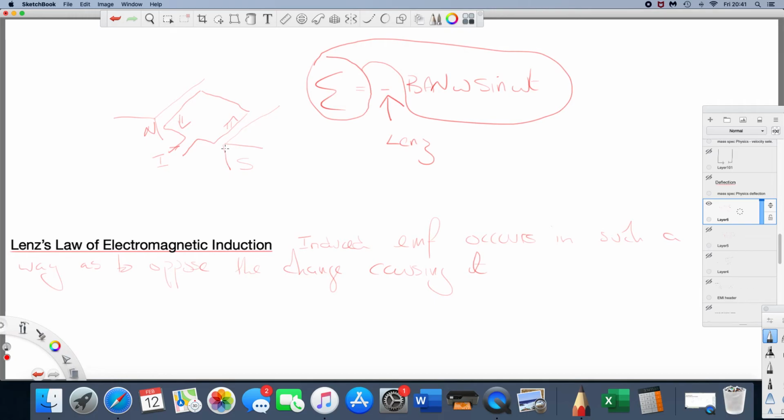Now, you have a conductor with a rate of change of flux linkage. So you will have an induced EMF, and because you have a current flowing, you will have an induced current as well.